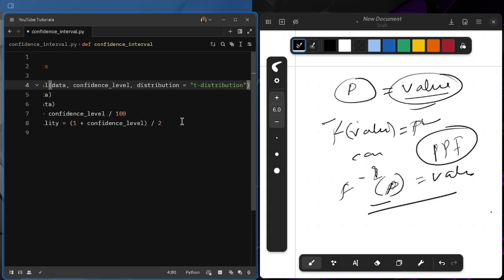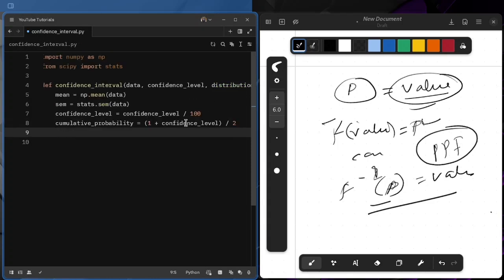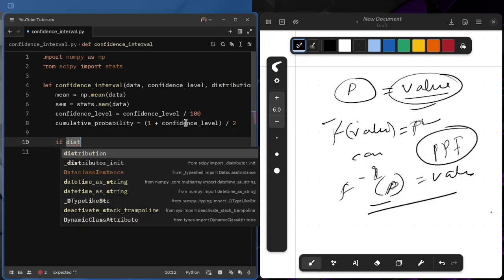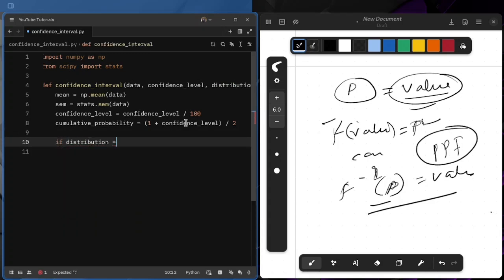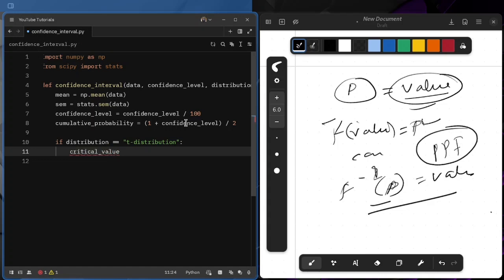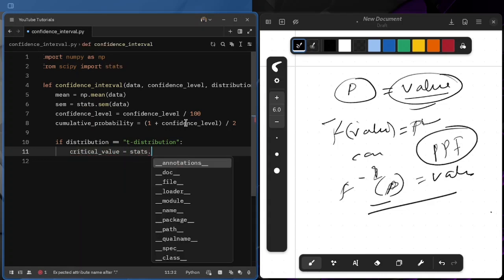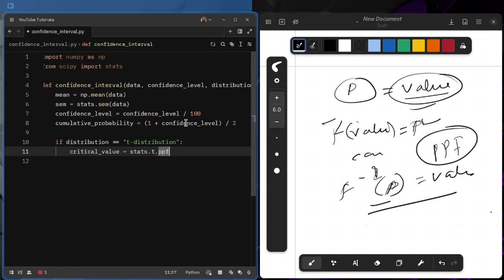Okay, and once we have the argument, we can create an else statement: if distribution equal to t distribution, we are going to use the ppf to find the critical value, which will be equal to stats dot t dot ppf.